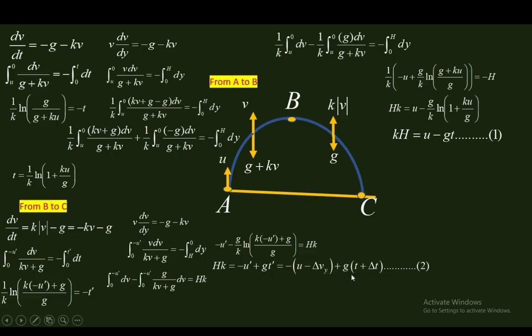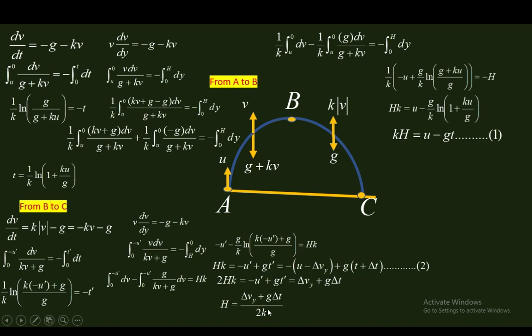So it will take a longer time from B to C. Therefore, I have assumed it as t plus delta t. Now I'm just adding equations 1 and 2, and this will get rid of u and gt terms, and we'll be left with very nice delta vy and g delta t terms. Just find h from here.